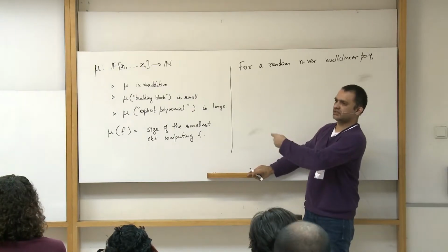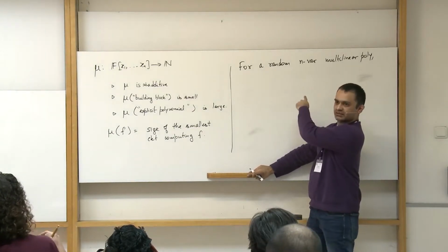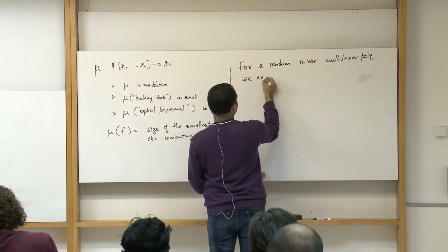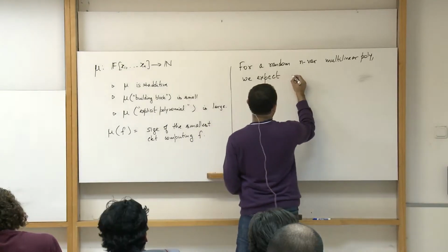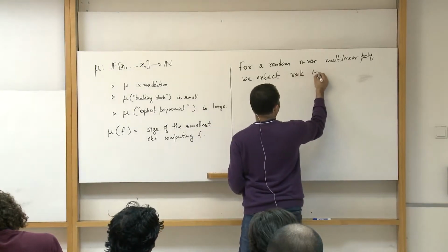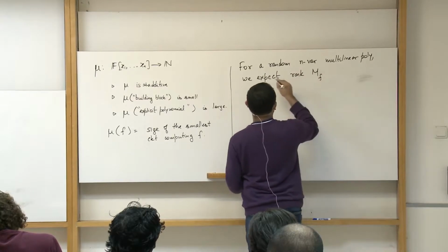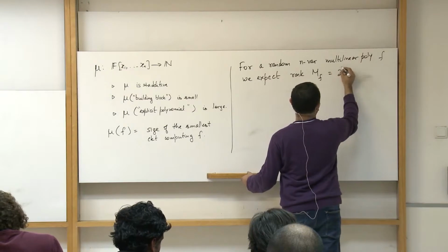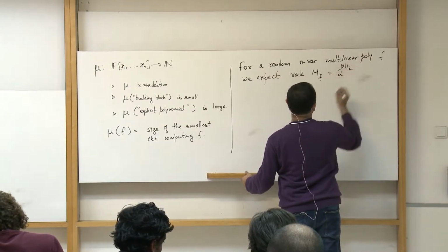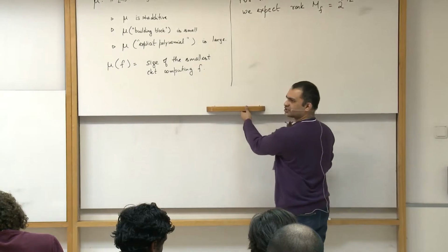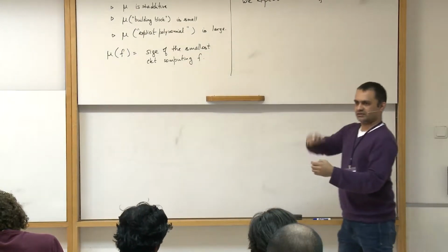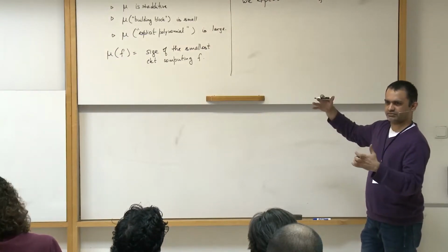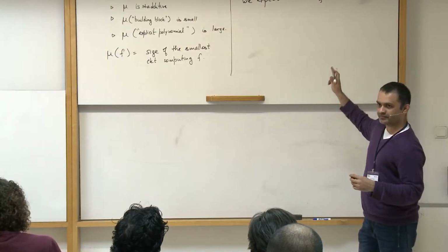I want to make sure that the building blocks that I have are far from this number. For a random multilinear polynomial f, we expect the rank to be something like 2 power cardinality of x over 2. The matrix is a 2 power n by 2 by 2 power n by 2 matrix, and you expect this to be full rank. What I'm trying to beat is that.